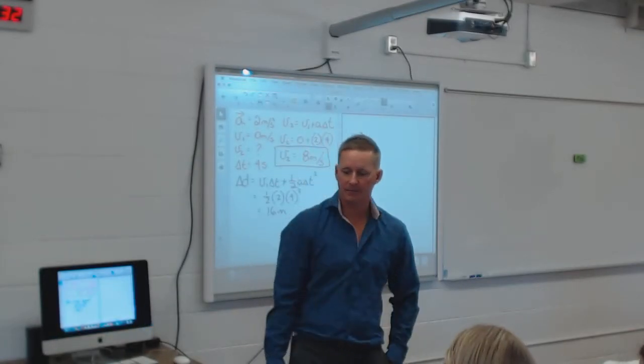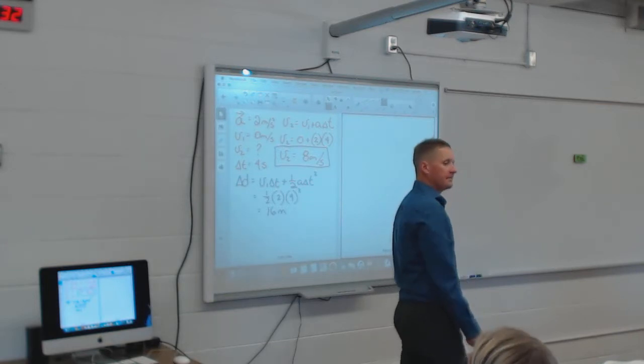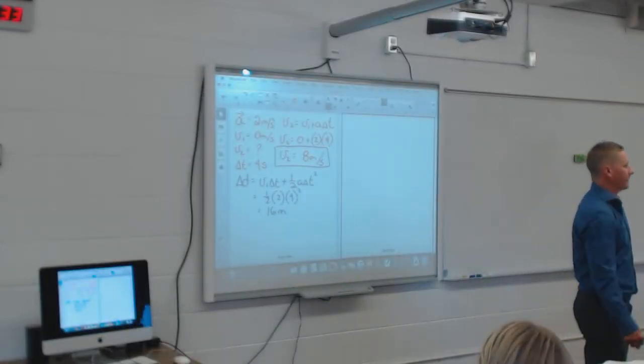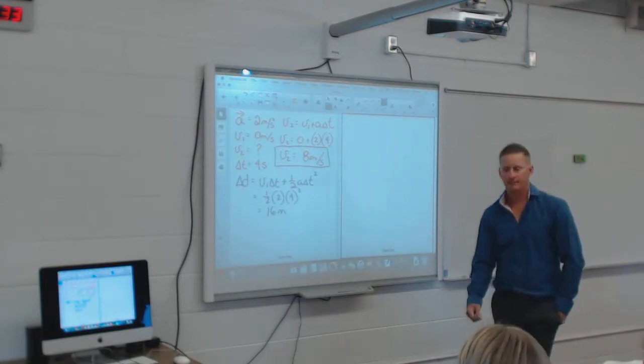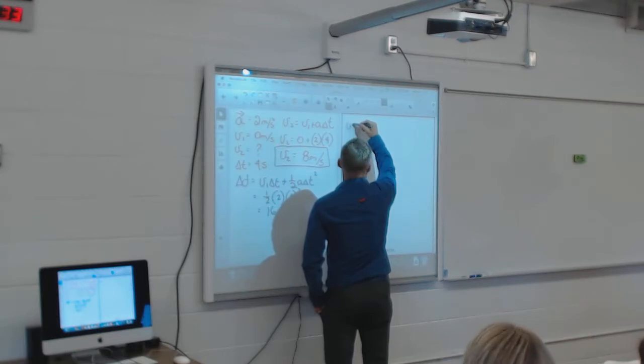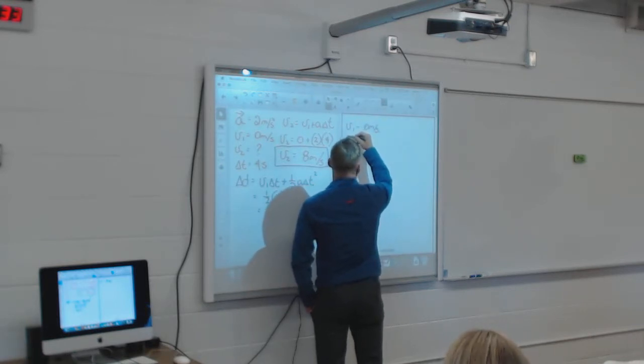Okay? How many pieces of information were given to you? How many? What was the first one? V1. What's V1? 0. Then?